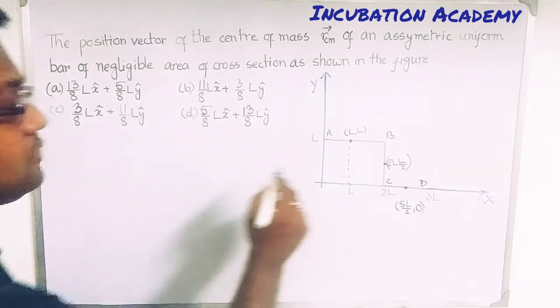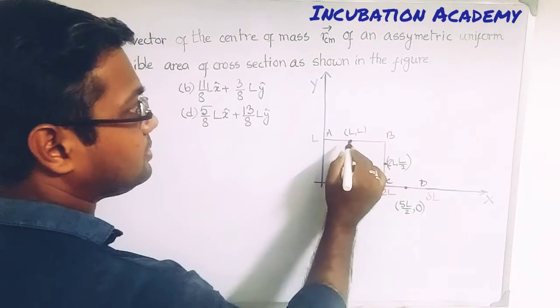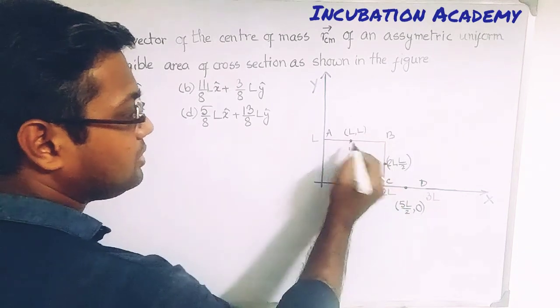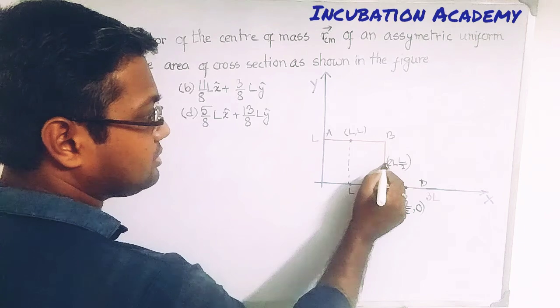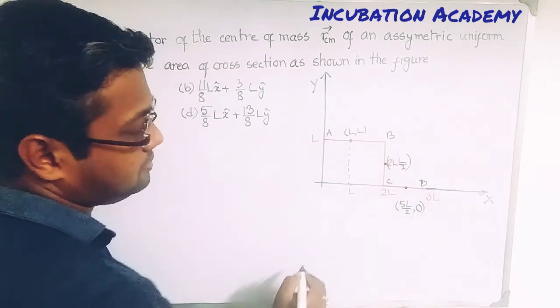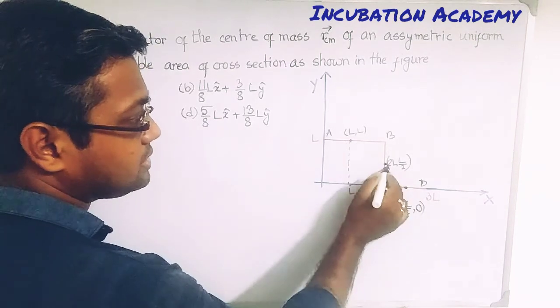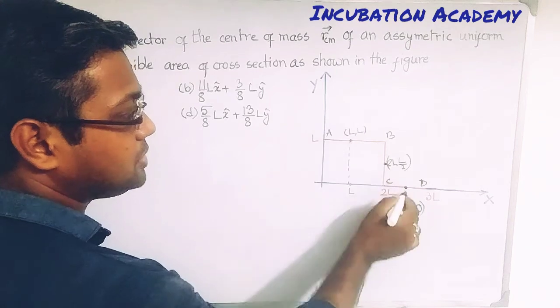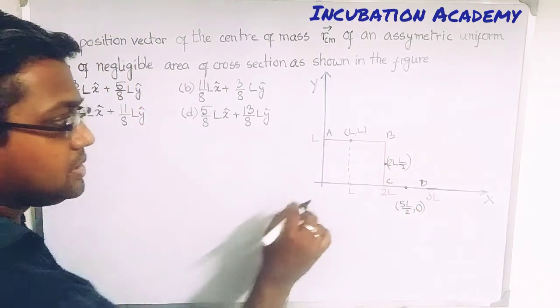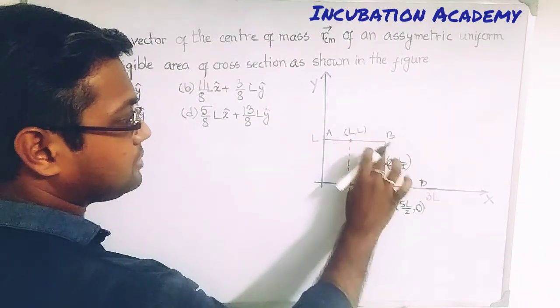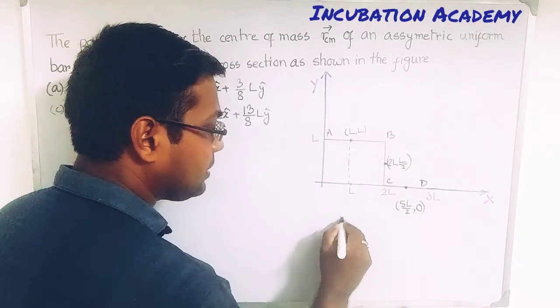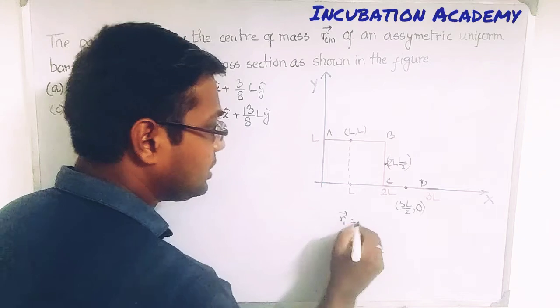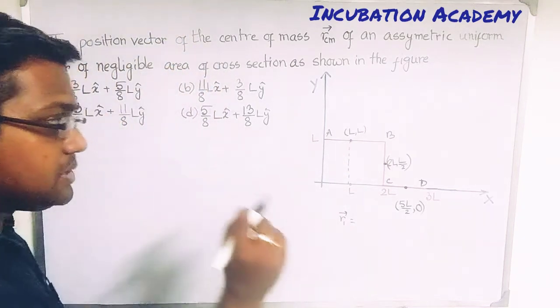So if I try to find out the center of mass of this configuration, here is one particle, here is another particle, here is another particle. So three particles are situated at these three positions, which are representing the portion AB, the portion BC and the portion CD.